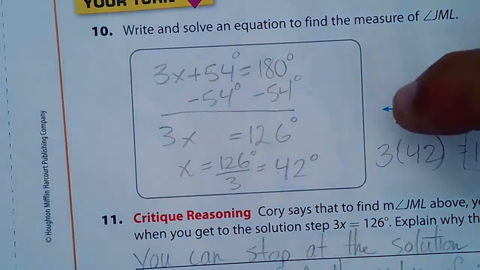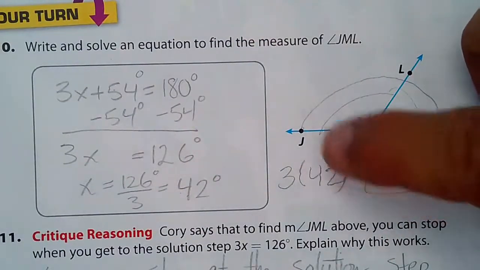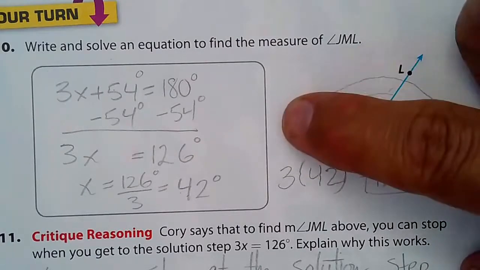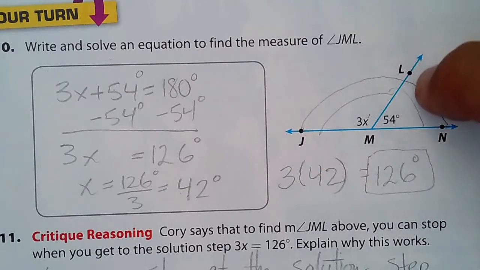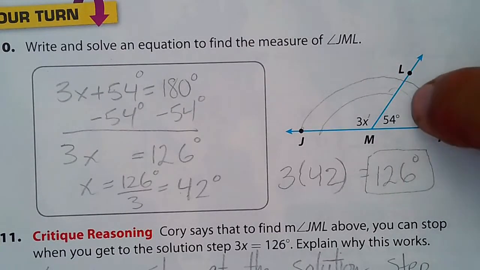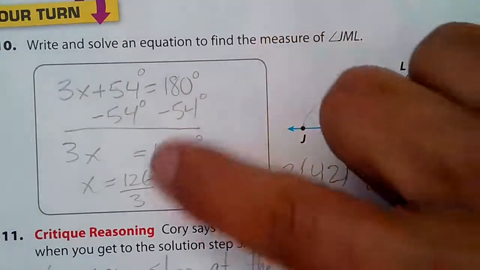So 3 times 42, because that's 3 times x, is the measure of that entire angle. So 126 plus 54 is the measure of that angle as well. You could probably do a shortcut. You probably just do 180 minus 54, and that would tell you the size of that angle too, without going through the rest of the business.